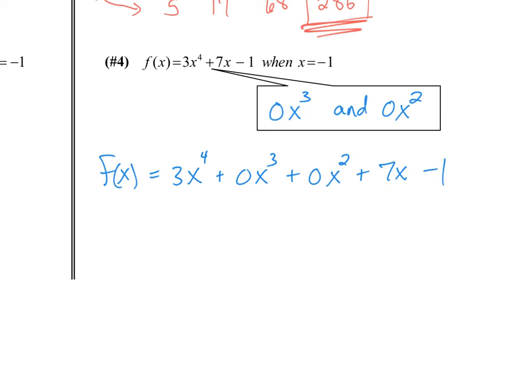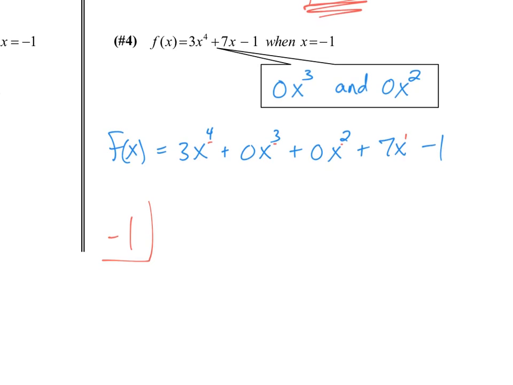We put the zeros in where they belong, and what we're trying to do is make sure there's no gap. So we go from 4 to 3 to 2 to 1 to no x's. We don't want anything skipped. So you put -1 in that box. And now we list the coefficients: 3, 0, 0, 7, -1.